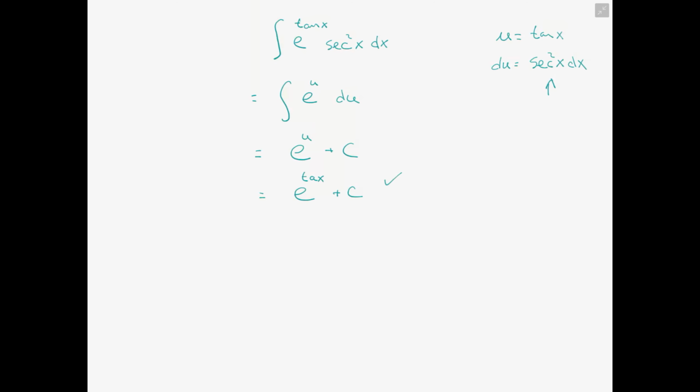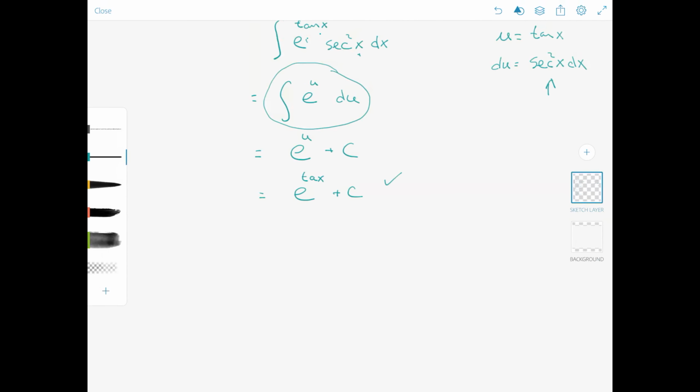And that's the answer. It's as simple as that. It looks complicated and it looks intimidating, but basically this kind of clues you in when you see these things that you may have a chance of putting it into this form. This is the key.